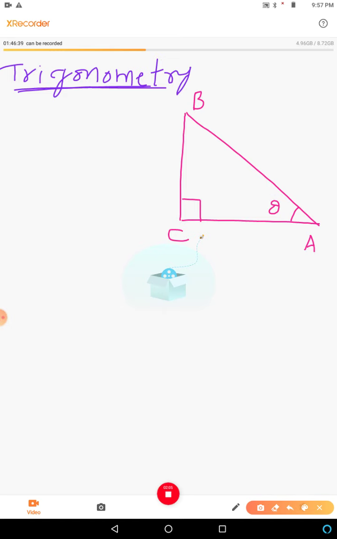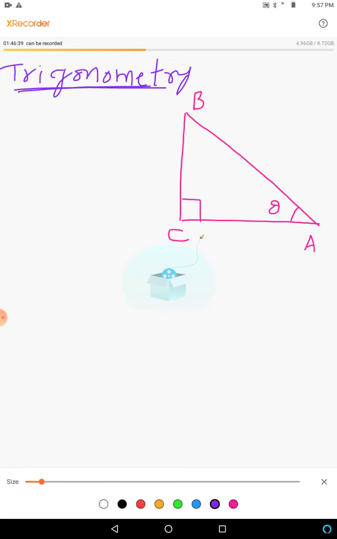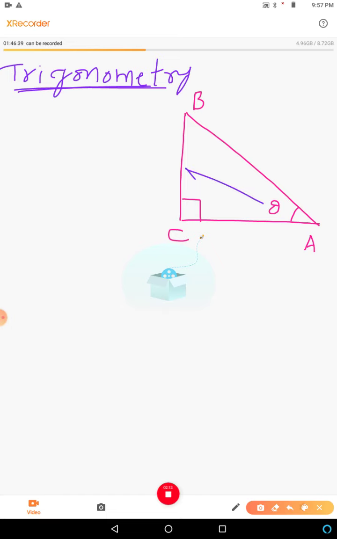The side opposite to the angle theta is BC, so BC is called the opposite side.